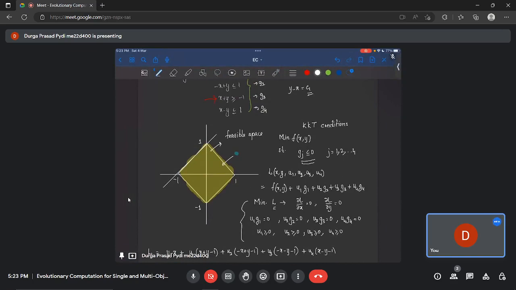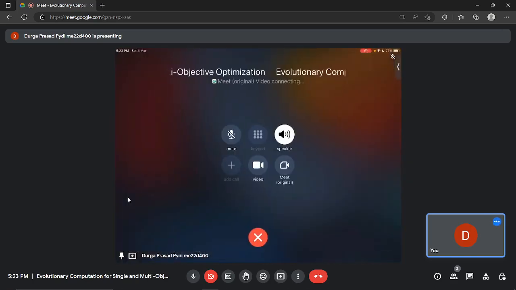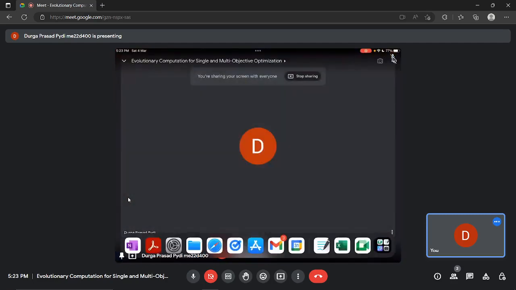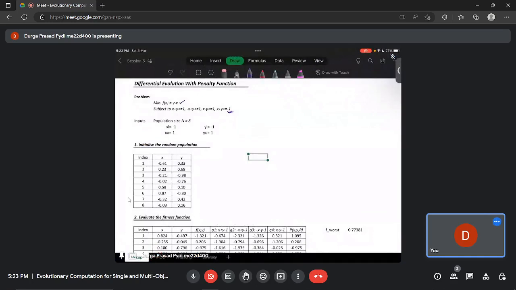But now we are trying to solve it using an evolutionary computation technique. The technique we have chosen here is differential evolution. This is the simplest to implement in terms of parameters. It essentially has only one parameter, which is your crossover rate. So we'll see how to actually implement this.